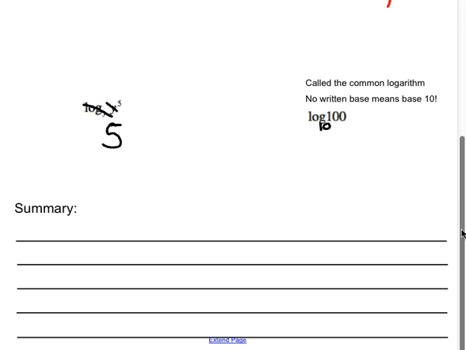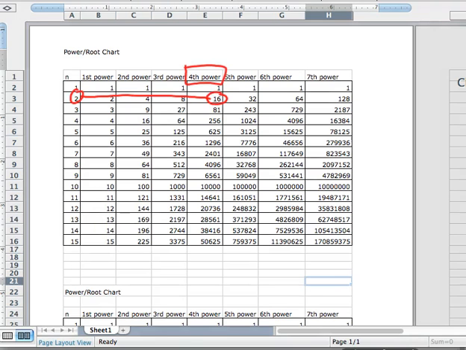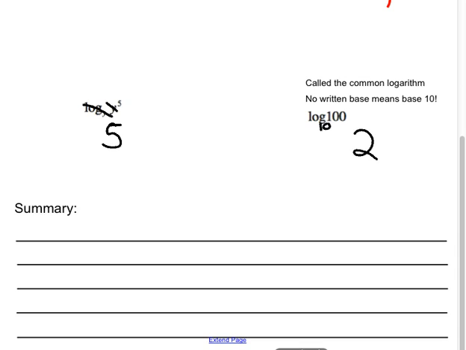And maybe in the beginning it's best for you to write that 10 in, because you need to answer the question, what power does 10 need to become 100? Well, it needs a square. It needs a 2. So you do have to understand that when the base isn't written, that is a common log, and that just means it's automatically a base 10.